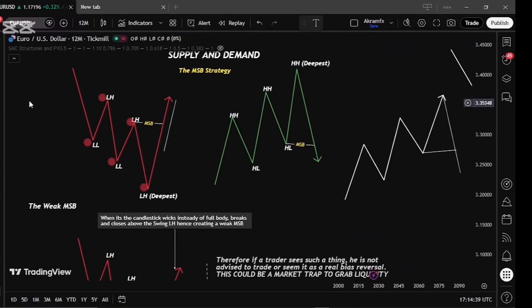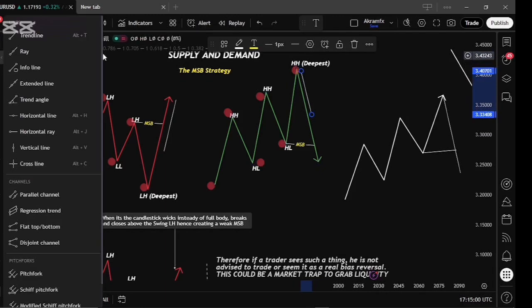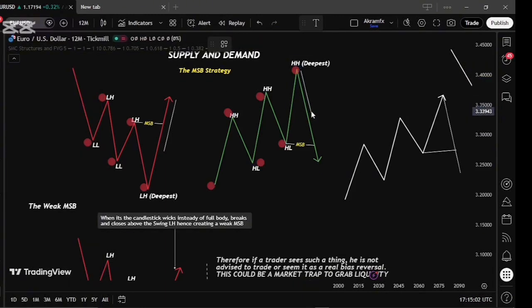Likewise, for the uptrend, we know that an uptrend moves in a series of higher high, higher low, higher high, higher low, higher high. After forming the deepest higher high, we expect price to come down, form another higher low, and then continue upwards to form another deepest higher high.